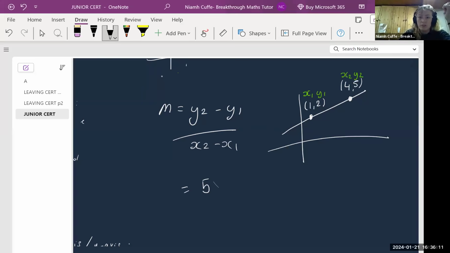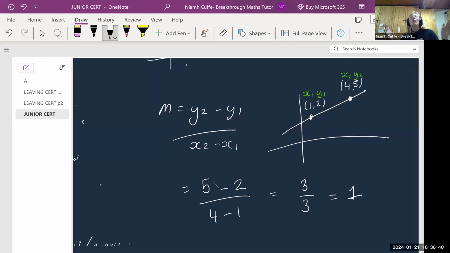So 5 is going to be y2. Amazing. What's y1 then, do you think? Brian Naughton, what do you think y1 is going to be? 2. Amazing. Yeah, because we called it 2. x2, guys, is 4. x1 is 1. Okay, we end up with 5 minus 2 is 3. 4 minus 1 is 3. 3 divided by 3 is just 1.